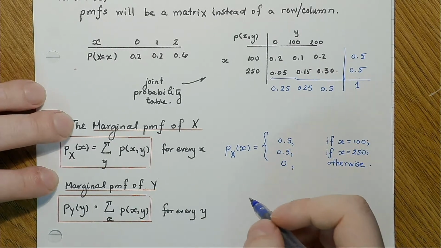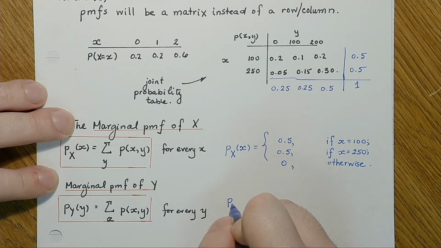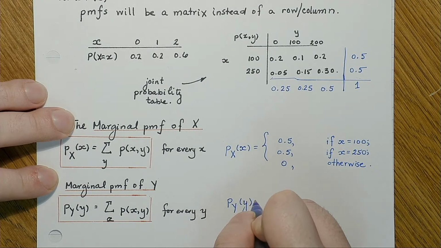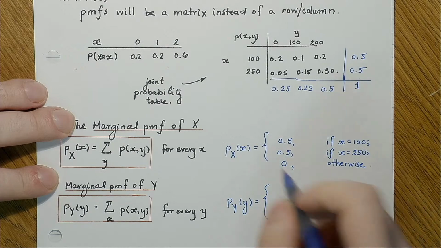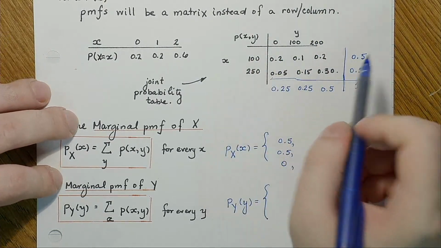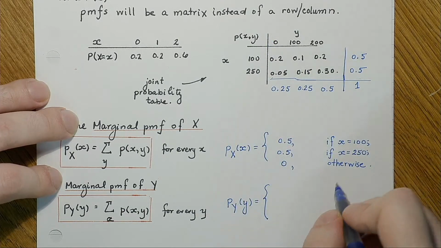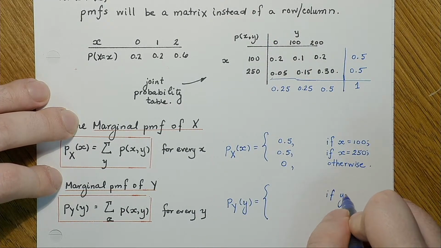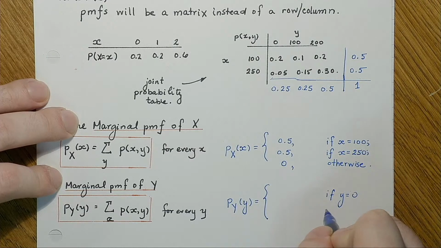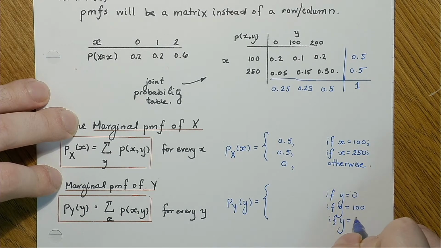Similarly, we can do the same thing for y. Instead of going down the rows, now we'll be going down the columns. So if y is equal to 0, if y is equal to 100, and if y is equal to 200, and the last case we have otherwise.